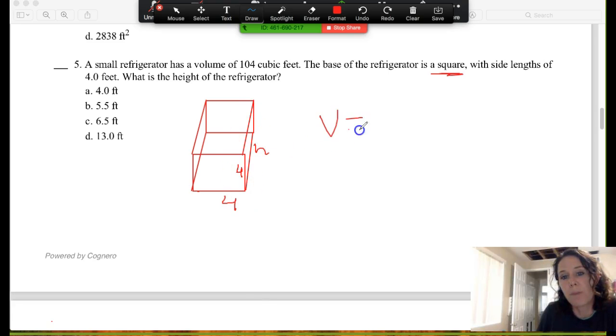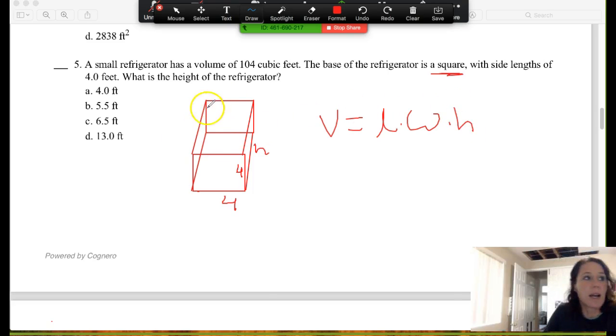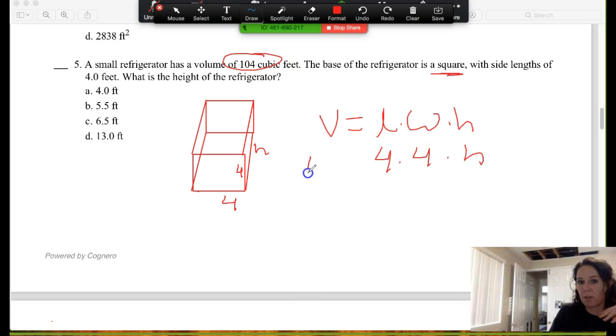We know volume is length times width times height for any kind of prism, rectangular or square. The length and the width happen to be the same, so we're going to go 4 times 4 times the height. They give us the volume is 104, so we say 104 cubic feet is 4 times 4 times the height, and solve for the height.